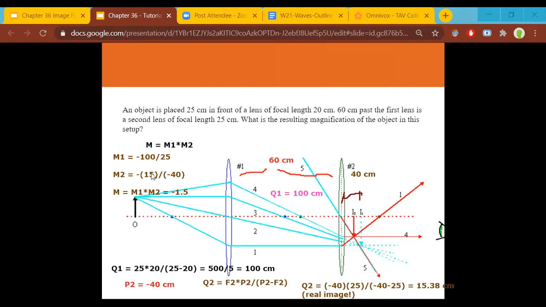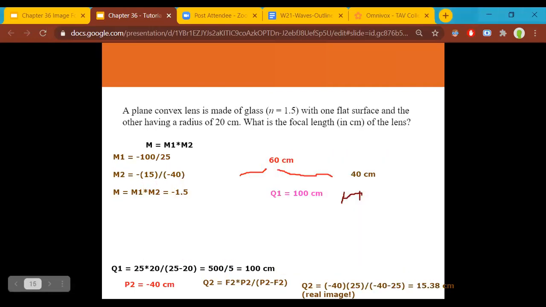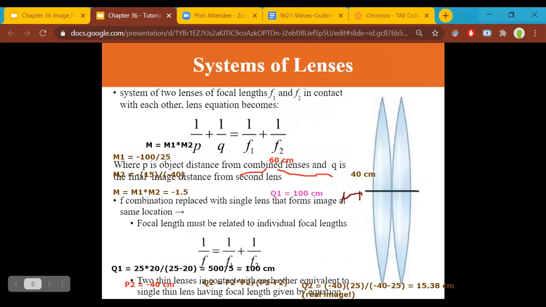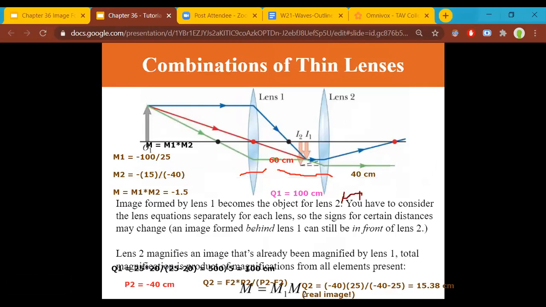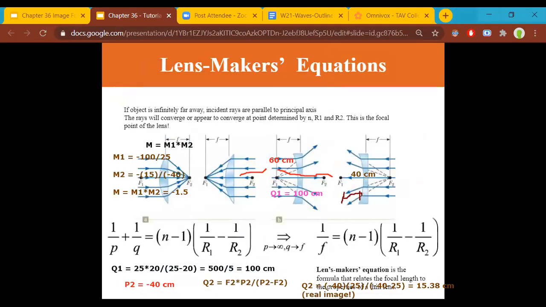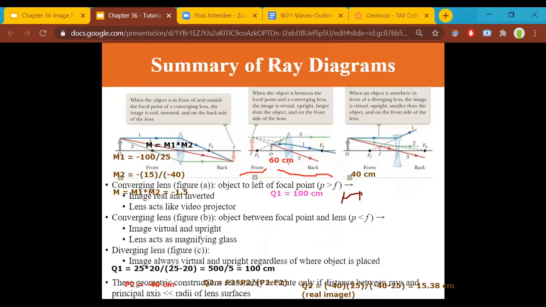There's always the tables in the textbook, and some slides too, that tell you what the sign should be for each case, and a summary of what kind of image gets formed. So just do a few practice problems and get the hang of it.